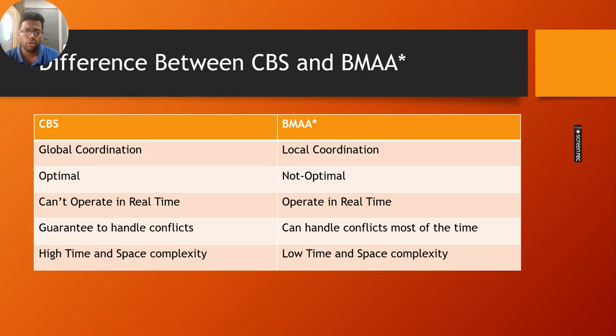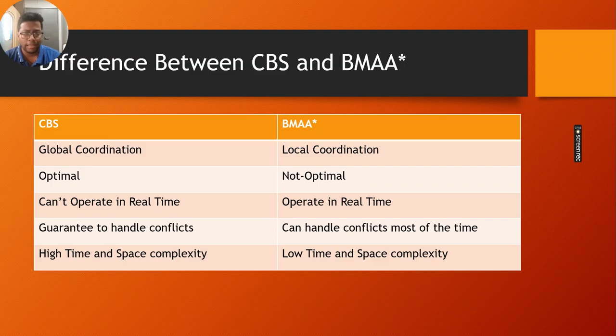It focuses on finding the solution faster. It doesn't matter if it is optimal or not. Since conflict-based search has global coordination and an optimal solution, it cannot operate in real time because it requires a large amount of time. On the other hand, BMA A-star can operate in real time.